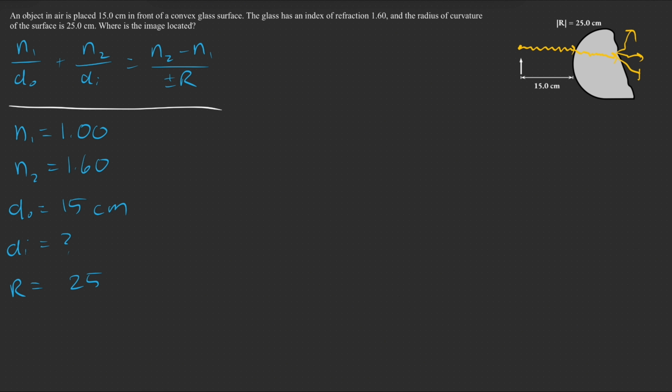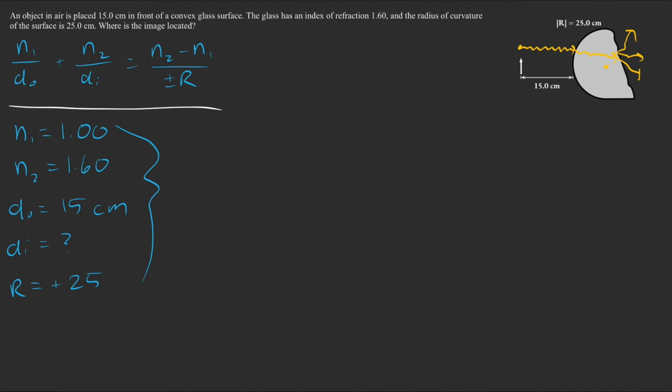Well, the light leaving our object encounters a convex surface, meaning the center of the circle is on the right side of the surface. So that's a positive value of R. So, keeping that in mind, we get positive 25 as our R value.